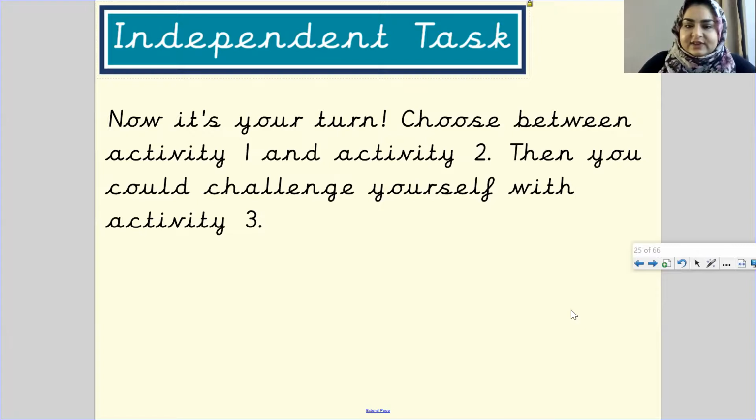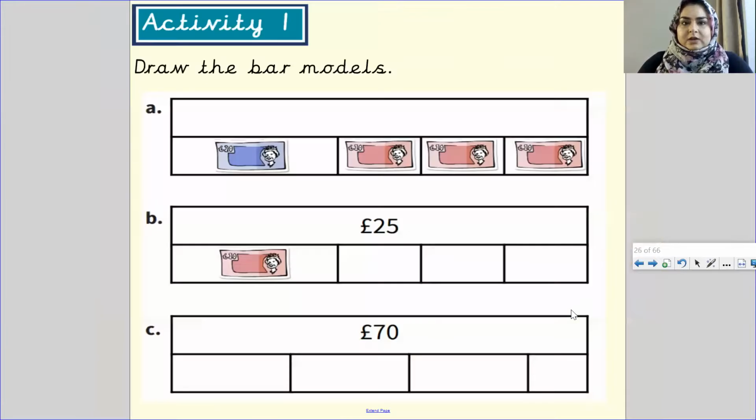Choose between activity 1 and activity 2, then you can challenge yourself with activity 3. So with activity 1, you have the bar models, and you need to complete them. If you look at bar model A, you've got a £20 note and a £10 note and £10 note and £10 note.